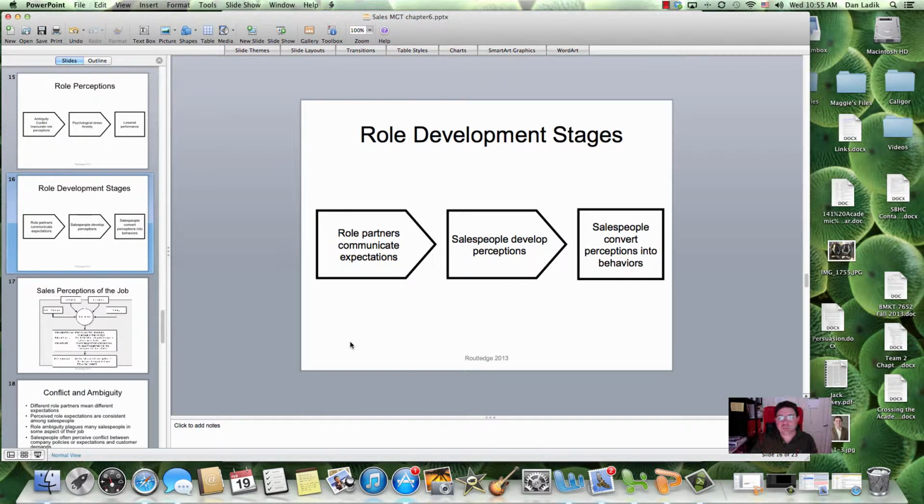Now, role development stages, we also hit this a little bit in the next chapter as well. I'm only going to highlight it here, and it's going to be a little bit more in the other chapter. But broadly speaking, let's talk about a 3 to 5 year window. Most salespeople take 6 to 12 months to ramp up.